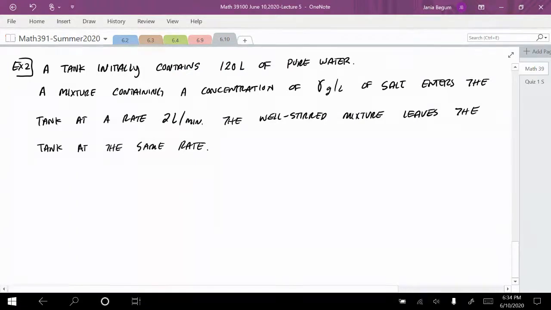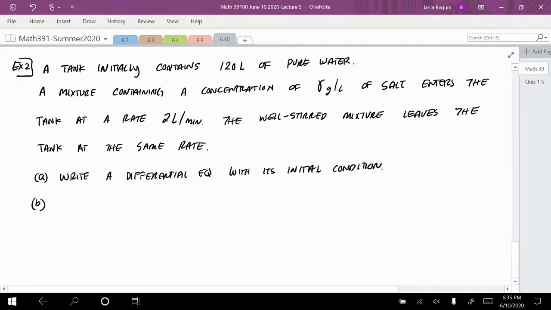So here are the parts to this problem. A, write a differential equation with its initial condition. Okay.